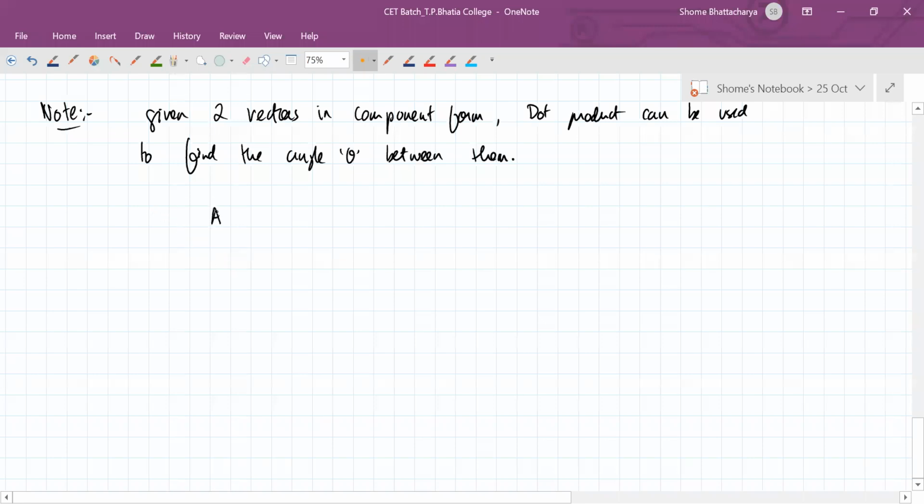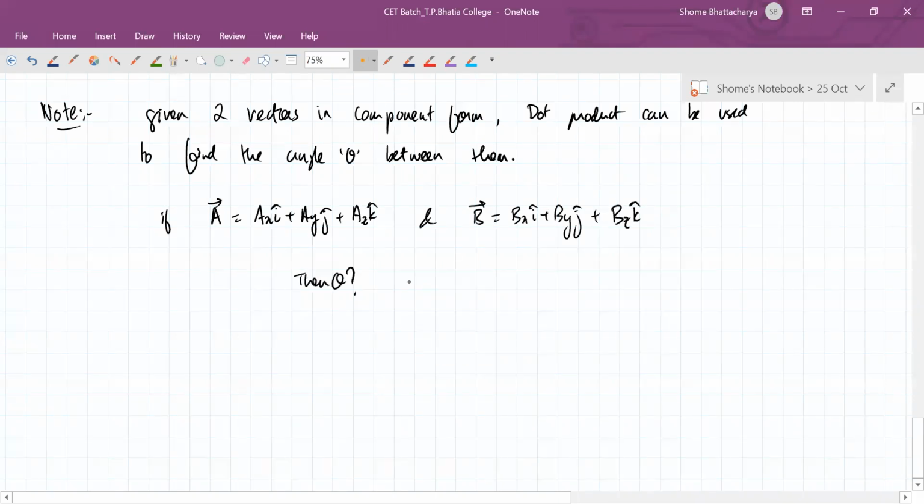So basically, if these two vectors are given to us, then theta we can calculate from the formula.